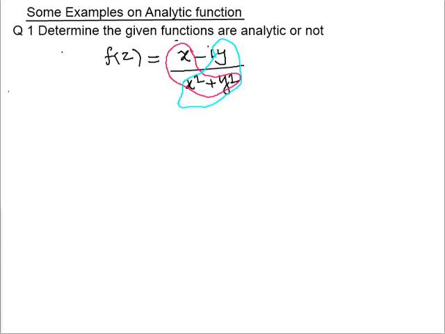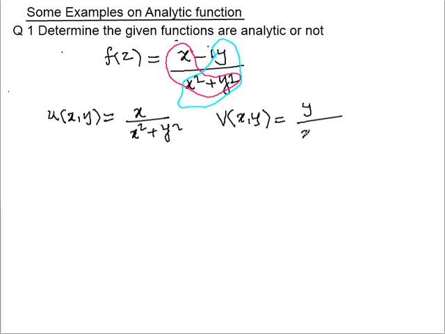So u of x, y is given by x upon x square plus y square, and v of x, y is given by y upon x square plus y square.